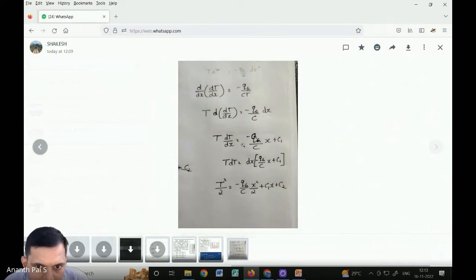He's taking d of dt by dx equal to minus q by c t dx and integrating this. I'm having a problem with going from here to here. This d he took to this side. He cannot do that. That's what I'm saying. So it is not proper.